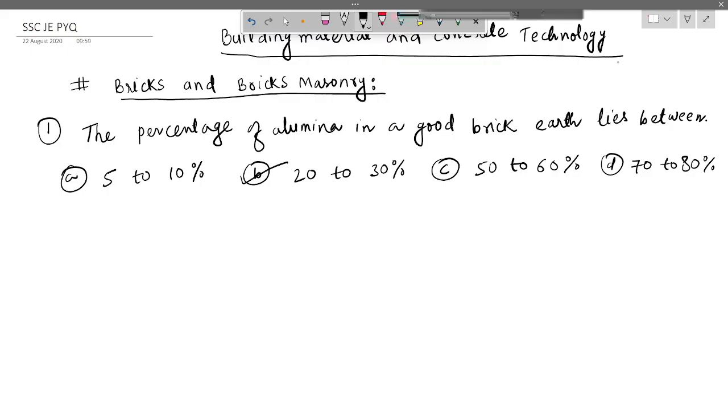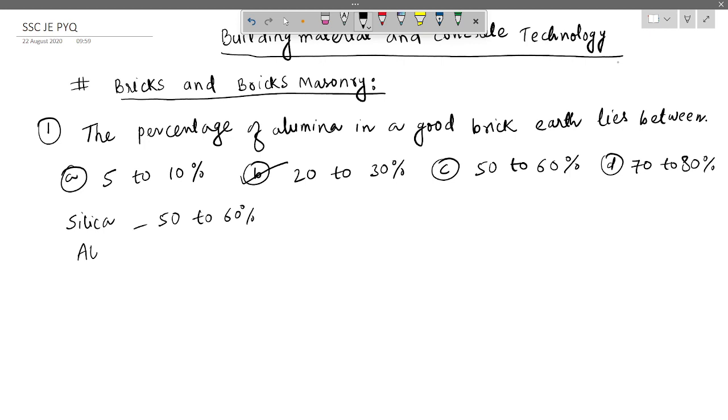As you know, you should remember this trick. The silica percentage in a good brick is 50 to 60%. सबसे ज़्यादा जो रहेगा आपका इंग्रेडिएंट इन ब्रिक में, वो सिलिका का परसेंटेज सबसे ज़्यादा रहेगा, जो कि 50 to 60% वेरी करेगा.